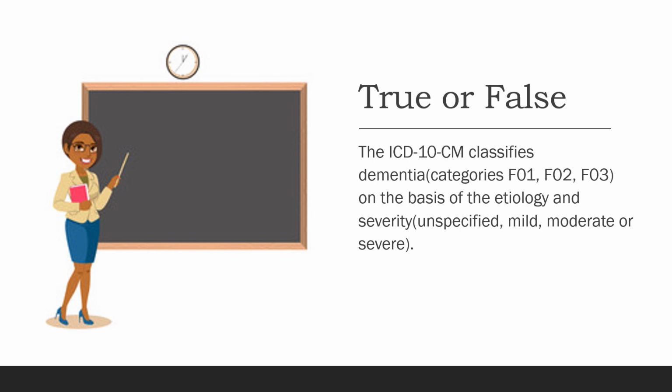The statement is: the ICD-10-CM classifies dementia in categories F01, F02, and F03 on the basis of the etiology and severity of unspecified, mild, moderate, or severe. Is this true or false?